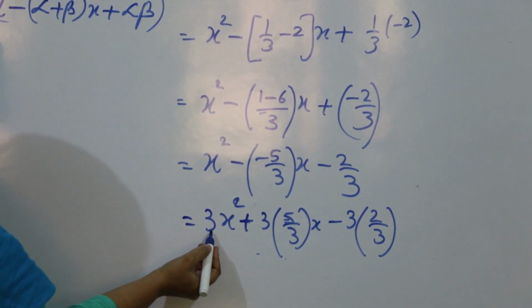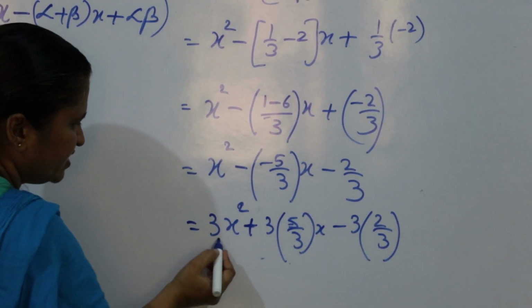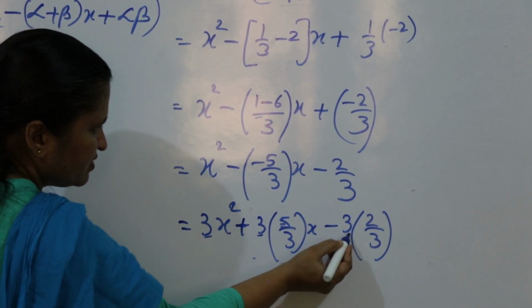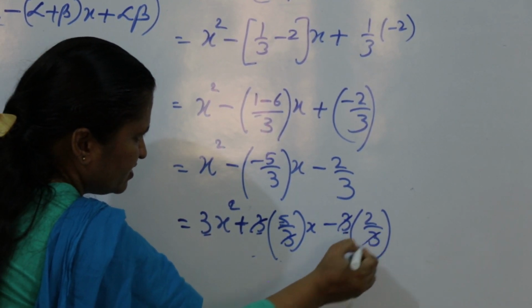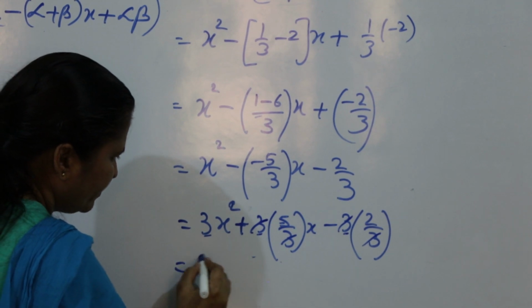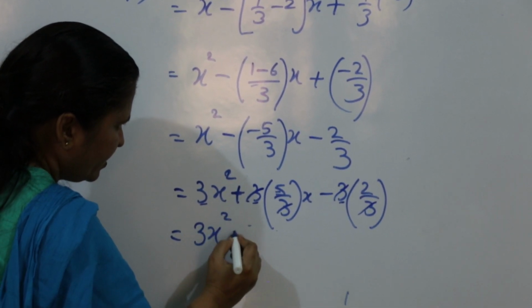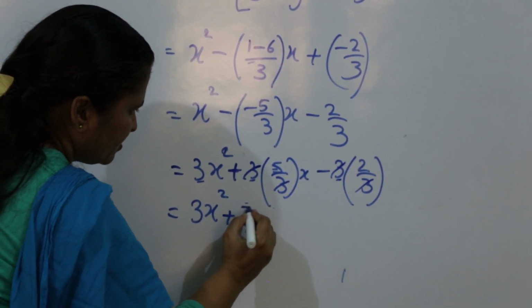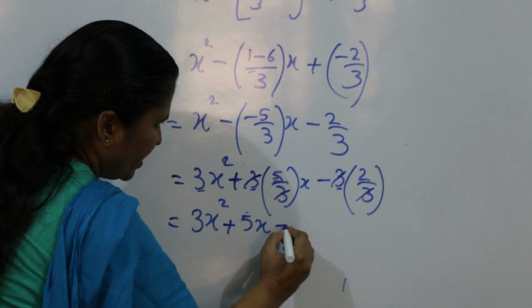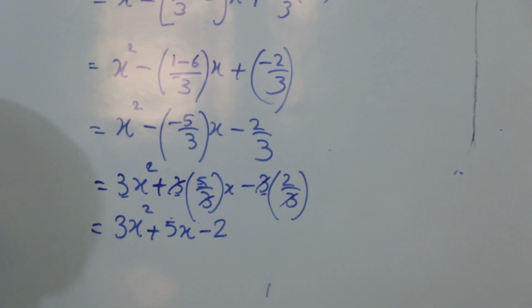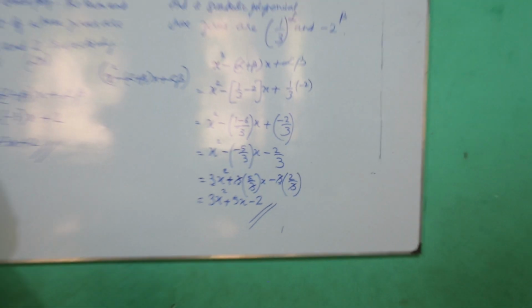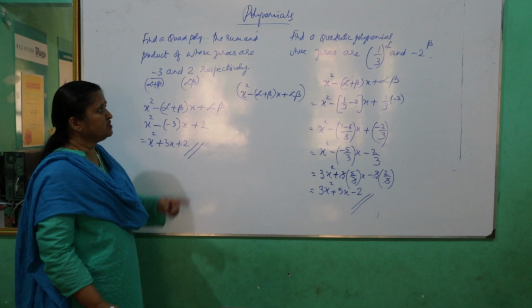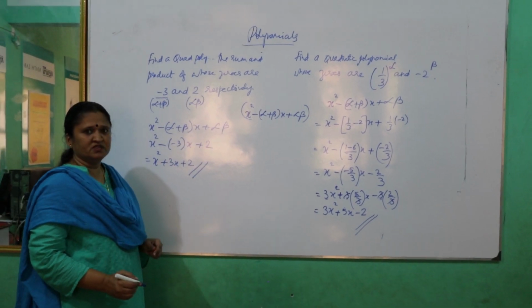Yes, we multiply every term by 3. See here, right? Now these 3 get cancelled. So what are we left with? 3x square plus 5x minus 2. This is our quadratic polynomial which we found using the zeros.